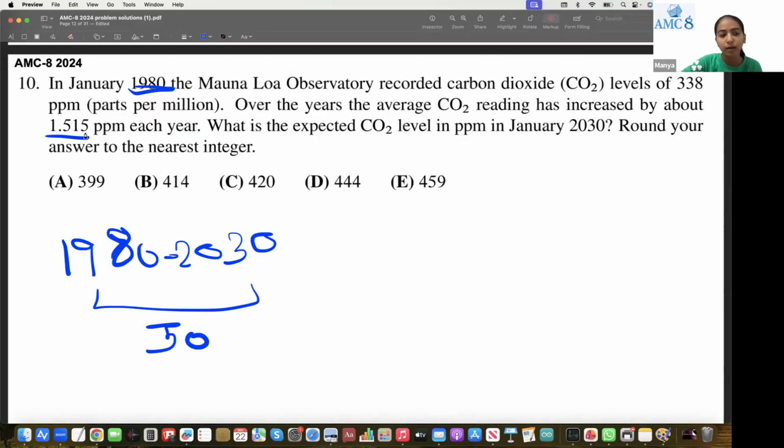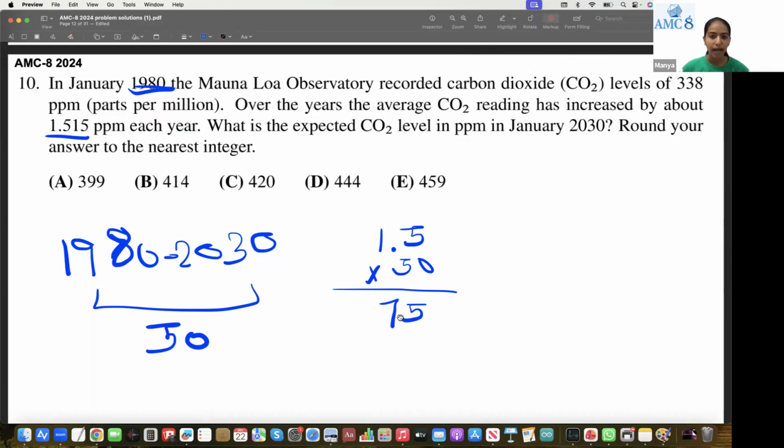And so if we round this to the nearest tenth, then we should be getting 1.5. Okay, this is just approximate. So 1.5 times 50, since it's 50 years. And if we do that, we should be getting 75, because 1.5 times 50 is equal to 75.